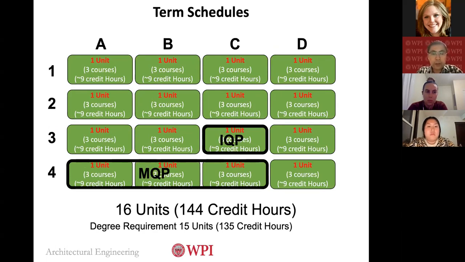In addition to the course curriculum, we have the MQP, as I mentioned, and also the IQP. What is the IQP? IQP is the Interactive Qualifying Project. The idea of the IQP is to train students to work with people in different disciplines, such as social science and psychology and others. The students in a group have different backgrounds, so maybe a team member is from social science or from economics.